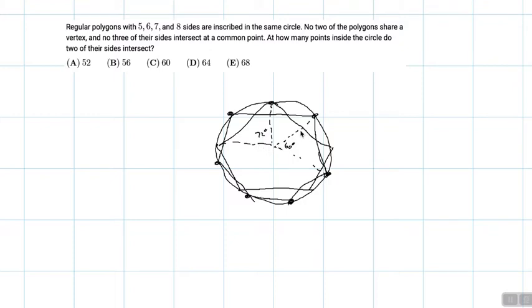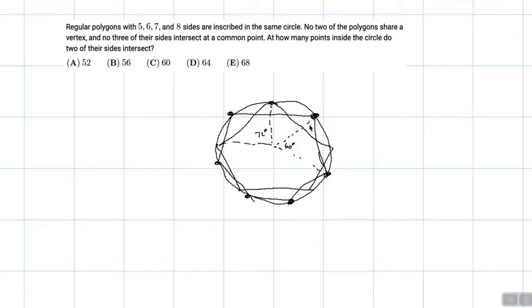So because the central angle of a pentagon is more than the central angle of a regular hexagon, then if we look at each side of the pentagon, we see that each vertex of the hexagon is in between two vertices, and there's one intersection here and one intersection there.